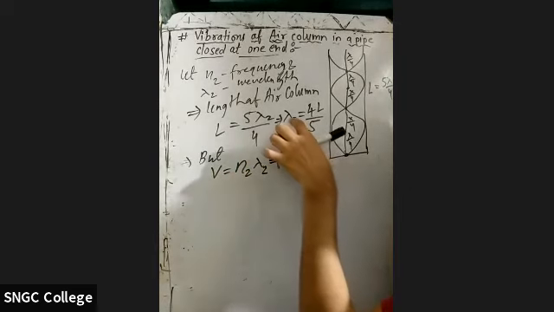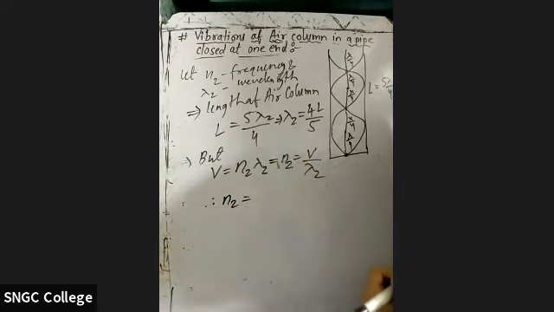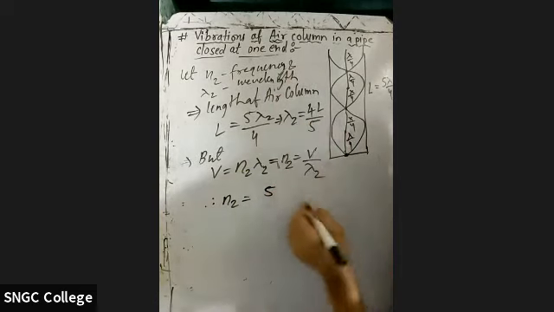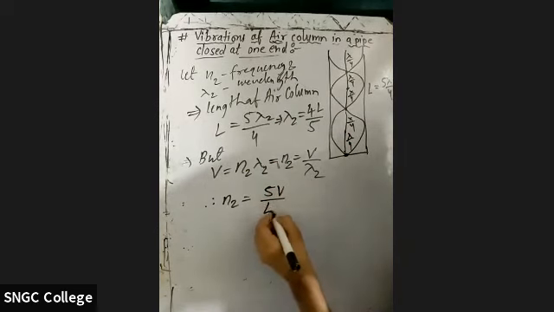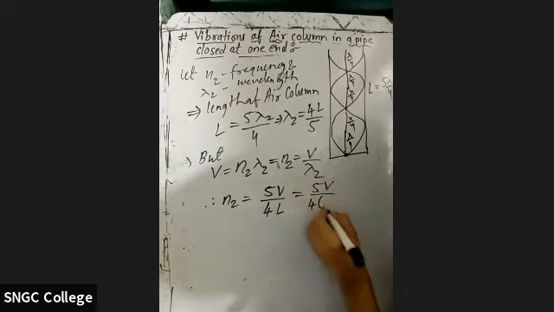Now you have to substitute the value of lambda 2 in this equation. So you will find n2 equal to 5. ये 5 ऊपर चले जाएगा, 5V divided by 4L. Okay. Now if you substitute the value of L in this equation, it will become 5V divided by 4 into L plus E.